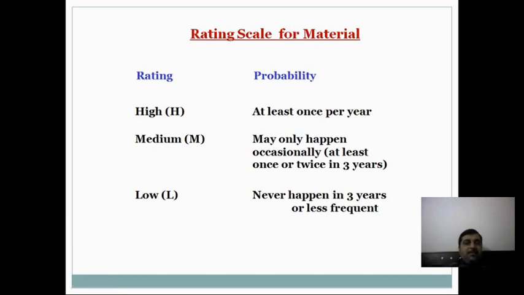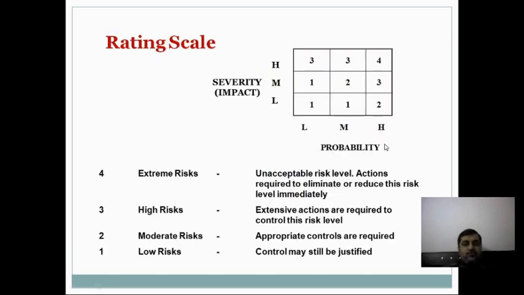Now there are multiple ratings for all of those. We make a matrix, the rating scale of impact versus probability. If both are low, then we give 1. If one is medium and the other is low, it makes 1 either way.